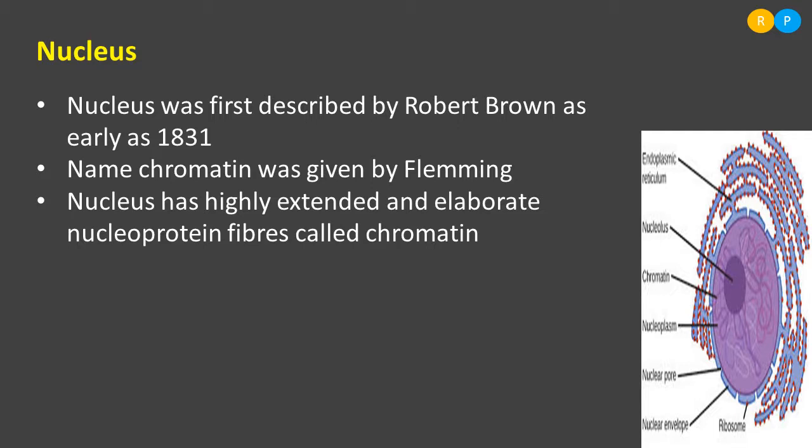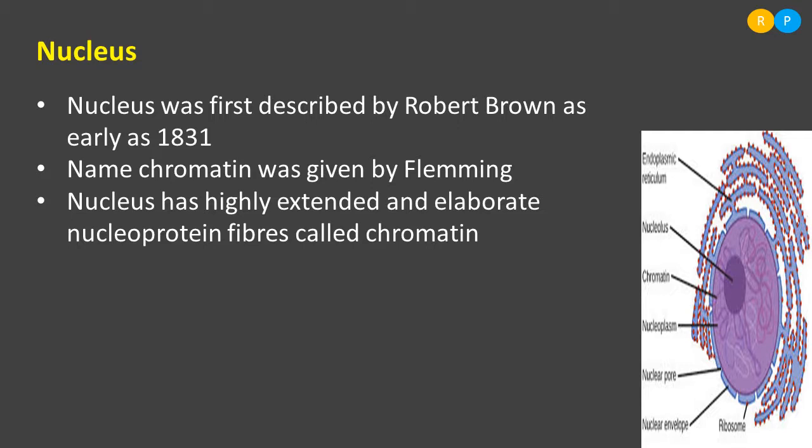So the chromatin is called a nucleoprotein fiber. This highly coiled thread-like structure can be found within the nucleus. And the name chromatin was first given by the scientist called Fleming.